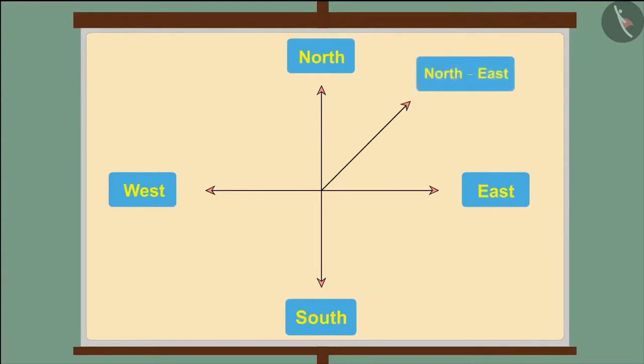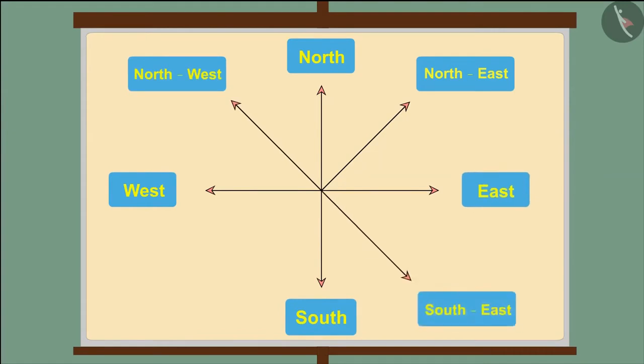It is called northeast. Similarly, the direction in the middle of north and west is called northwest. The direction between south and east is called southeast. And the direction between south and west is called southwest.